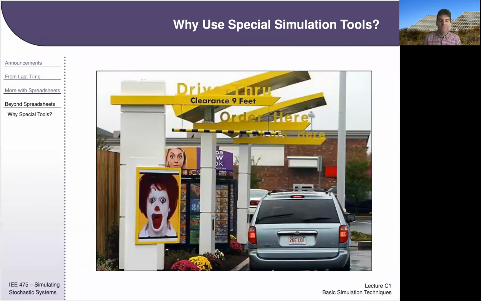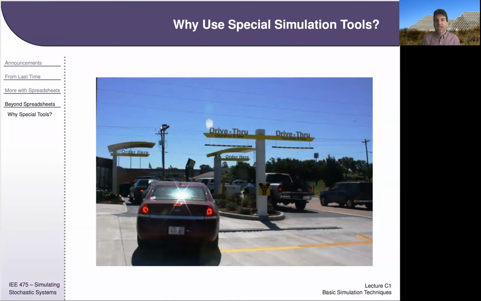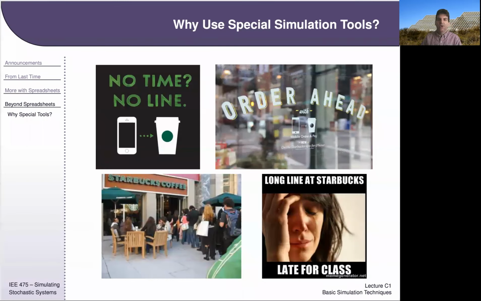If you think even about a fast food lane, you can order in sequence or you can order in parallel. You might design a simulation in sequence and then someone asks you, well, what would happen if instead we built our fast food lanes so that we ordered in parallel? And then you'd have to do that analysis. After that, they come to you and you're consulting for them and they say, okay, now we want to order ahead. Now we want to install an app and have orders taken from there.